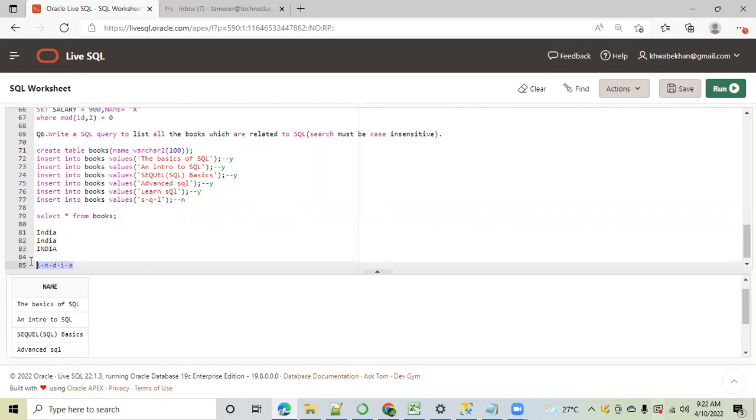But this is totally different. You cannot handle it using case because you have a space, you have hyphens in between. Is that clear? In a project, if you have this kind of data, any hyphen is considered separate or different data. So I want all the data where SQL is present in this manner, whether it is lower or upper case, that doesn't matter, but I want it in this manner. So what should be the query?